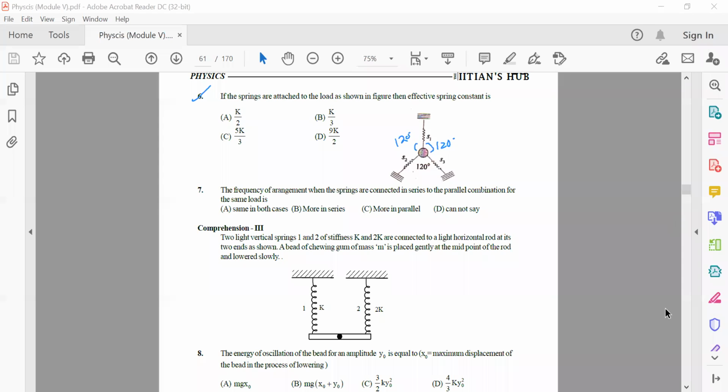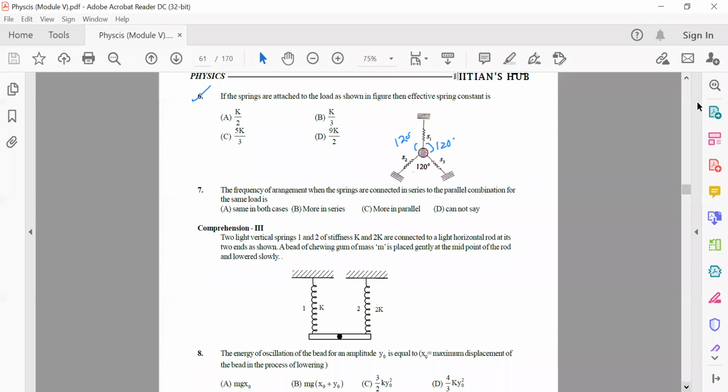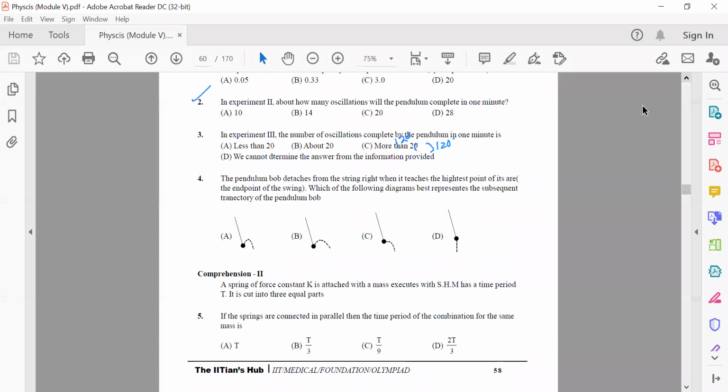Let's go to the passage before this then. A spring of force constant k is attached with this thing which performs SHM. Now it is cut into three equal parts. So let's start with this.